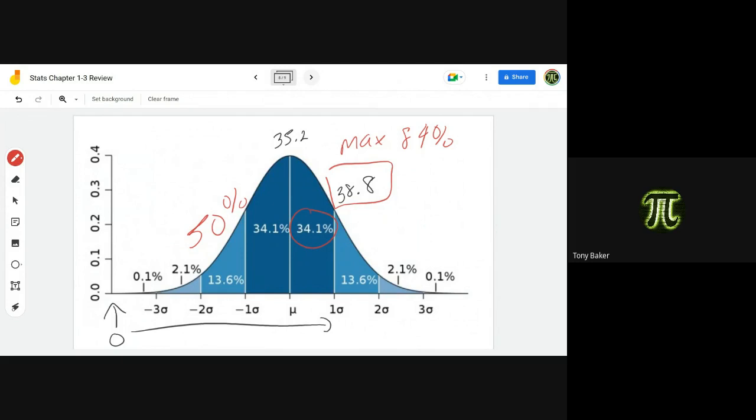And then if we go one standard deviation over, we get to the 38.8, and that is an additional 34%. Because this block right here is 68%, and that's 34 and 34. That dark blue block and the other dark blue block equals 68%, which is one standard deviation. Okay.